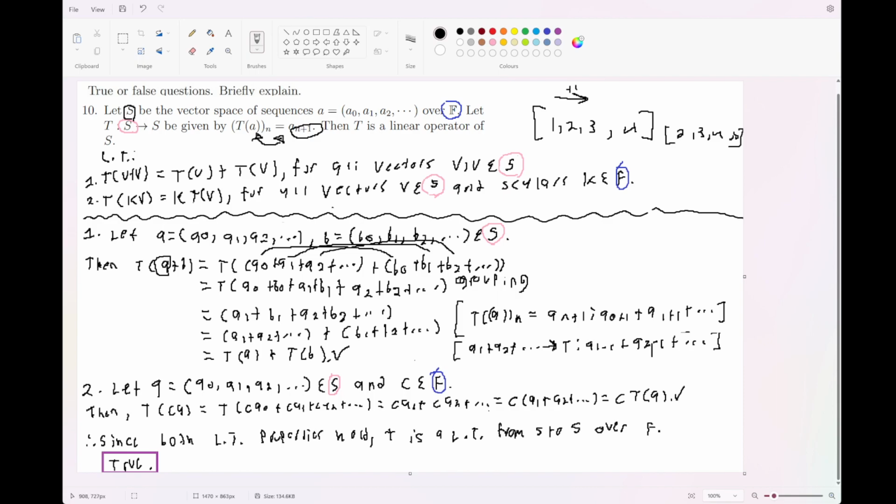Then we're going to factor out our c's, and that's equal to c times T(a), because once again we're just going to subtract 1 from all of our subscript a coefficients, which will give us back T(a). Yep, so since both linear transformation properties hold, T is a linear transformation from S to S over F.